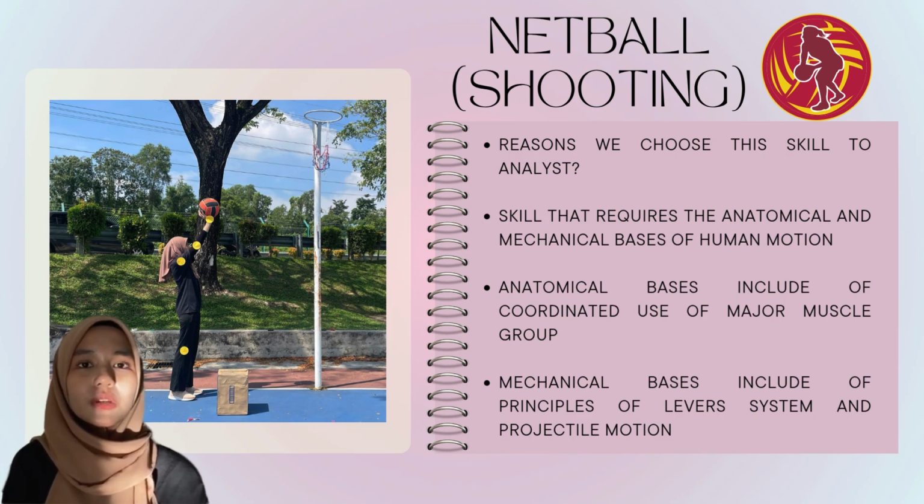For the anatomical basis, it includes use of major muscle groups such as bicep, tricep, hamstring, and quadricep. While the mechanical basis includes principles such as balance stability, lever system, and projectile motion, which are essential for accurate and powerful shooting. So that's all from me for now.